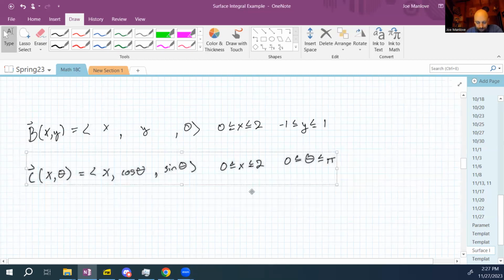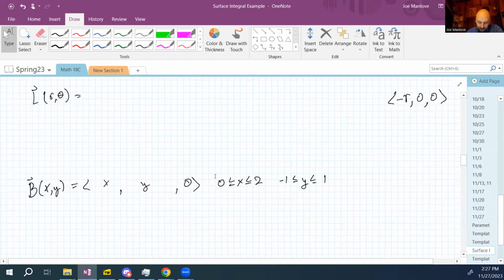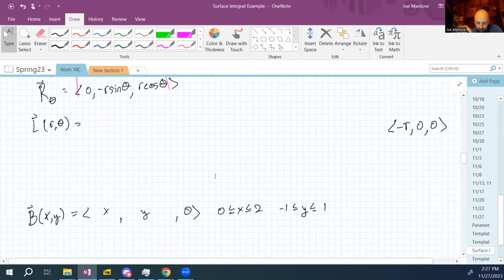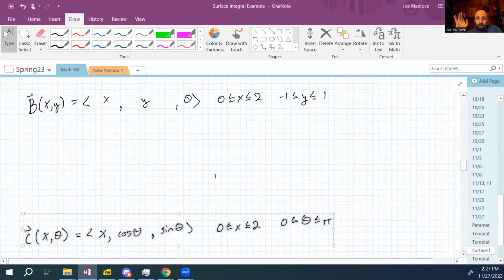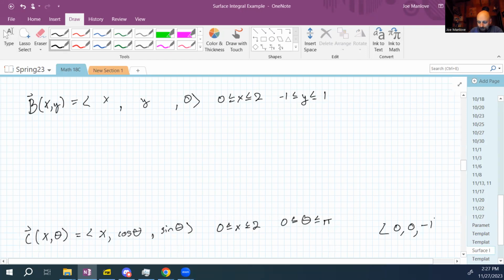Then for B, the bottom, this one's parameterized the easy way. This one has just X's and Y's in it, regular old Cartesian coordinates. And so I just need a normal vector that sticks straight down. Great. I'm going to get out of that minus K. So I'm going to get 0, 0, minus 1.